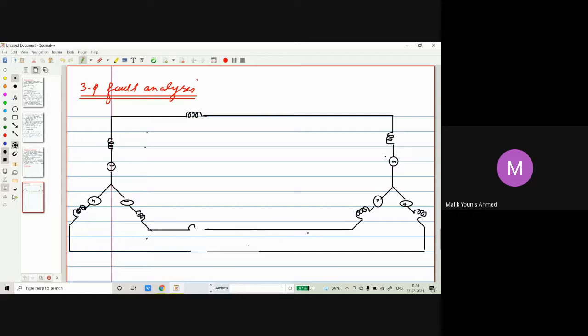Reactance of the transmission line. Reactance of the transmission line. Okay, let's say we'll consider a fault here at this location. So let's consider a three-phase fault.